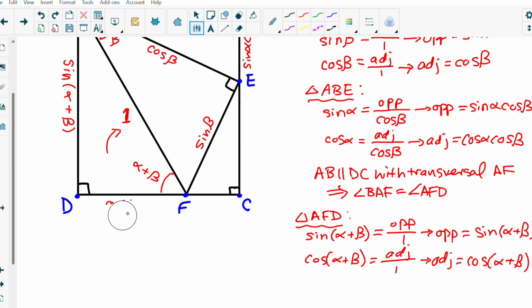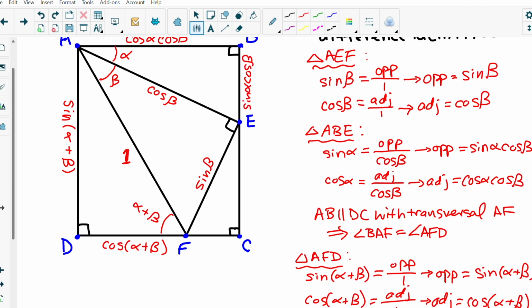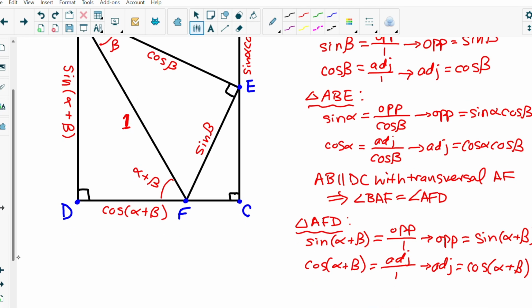Okay, so let me fill that in here. This is cosine of alpha plus beta. Okay, last triangle we need to do here is triangle CEF.